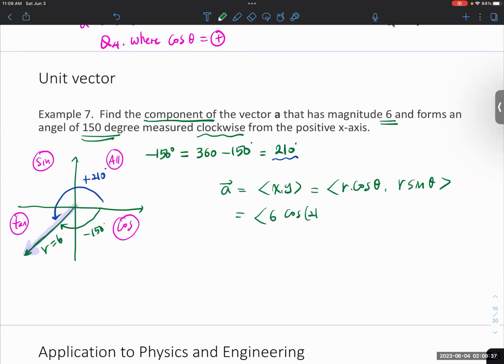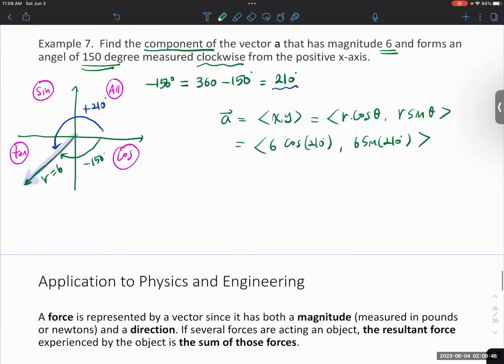So 6 times cosine 210 degrees, 6 times sine 210 degrees. Again, you can go to the unit circle table that I showed you in the last video, with all the trigonometry values to find the angle in terms of radians. So 210 is going to be radical 3/2.